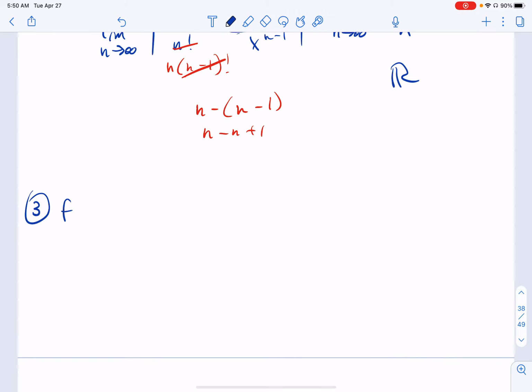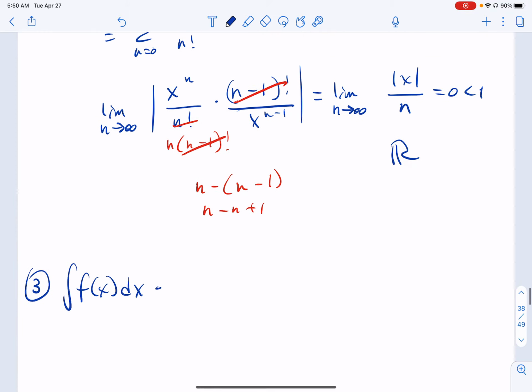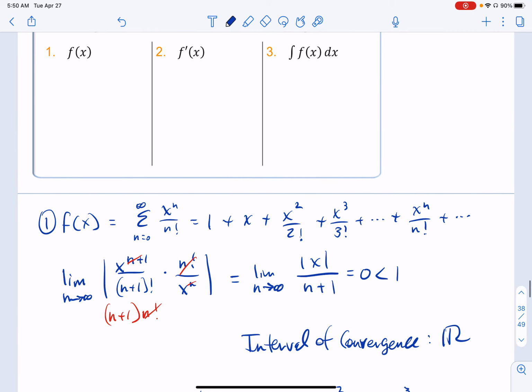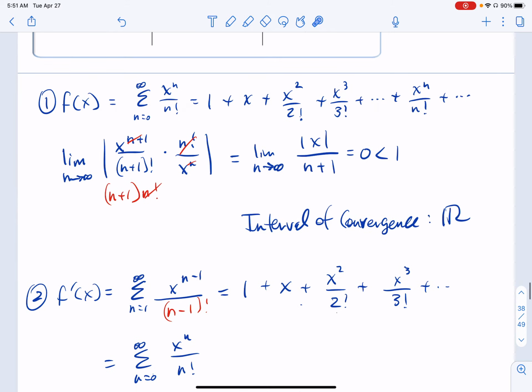All right, so now we're going to take our antiderivative of f of x with respect to x. Okay, so that should be equal to, let's just take the antiderivative of this original generic term here. So it'll still start at n equals 0. If I take the antiderivative of this, I'm going to add 1 to the exponent and then divide by that same exponent.